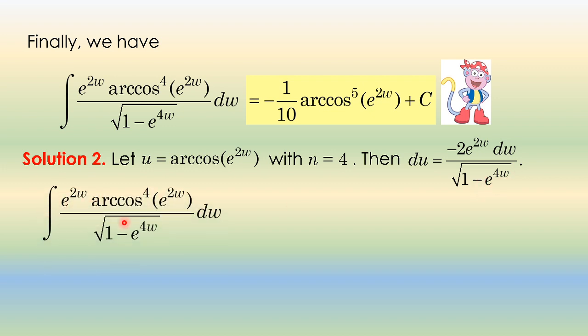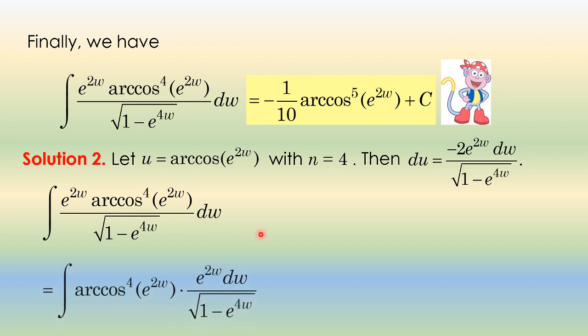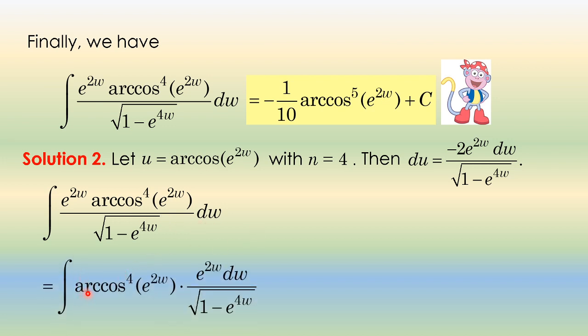So let us express this in terms of u. So this is u, this is n, and let's determine the value of this in terms of du. So we have du over negative 2. If we divide this by negative 2, we get this expression, and dividing the left side by negative 2 also, we have du over negative 2.